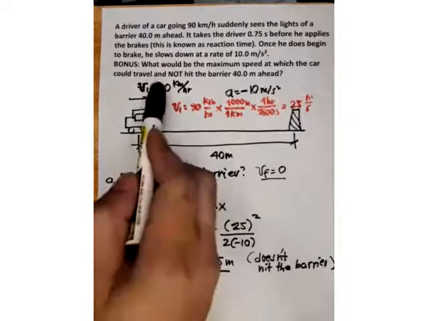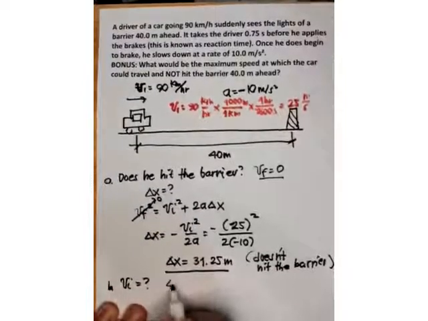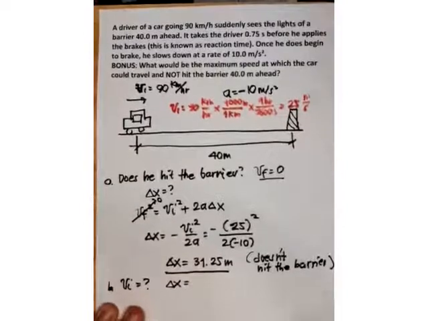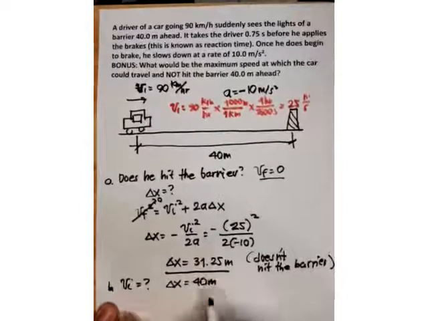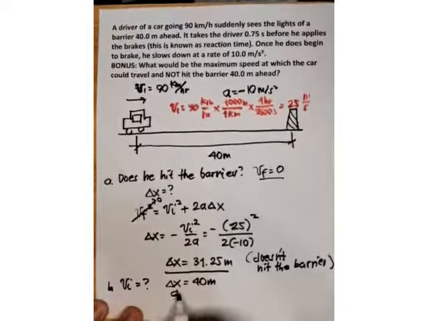Okay, kung nawala yung given na 90 na initial velocity, so dapat meron tayong isa pang given. So hindi naman given yung time. So therefore, ang given natin is yung reference na displacement which is 40 meters. So hinahanap natin this time is yung initial velocity. Okay. So meron tayong displacement. We still have the same acceleration, I think.